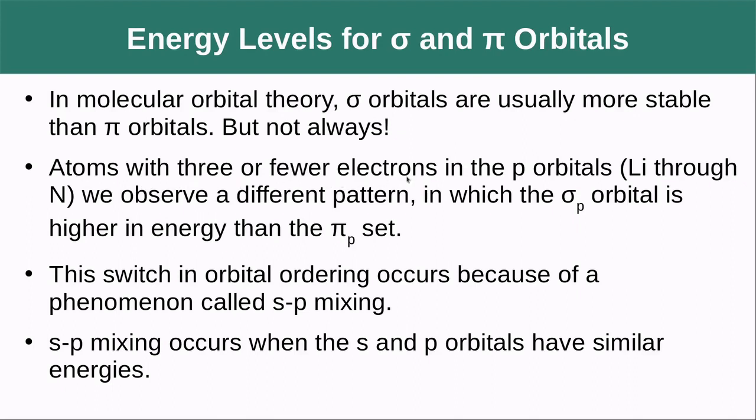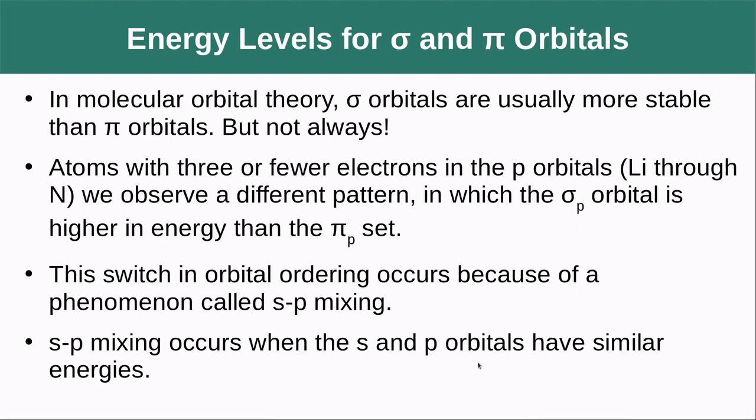In molecular orbital theory, sigma orbitals are usually more stable than pi orbitals, but not always. For atoms with 3 or fewer electrons in the p orbitals, so lithium through nitrogen, we observe a different pattern in which the sigma p orbital is higher in energy than the pi p set. This switch in orbital ordering occurs because of a phenomenon called sp mixing, and sp mixing occurs when the s and p orbitals have similar energies.